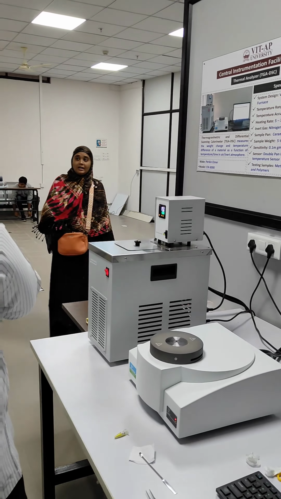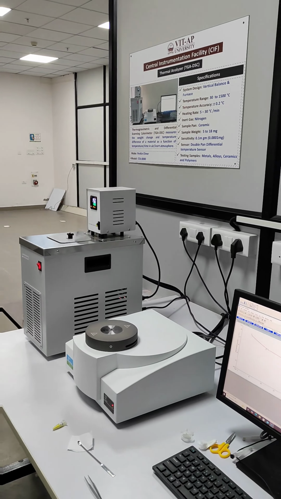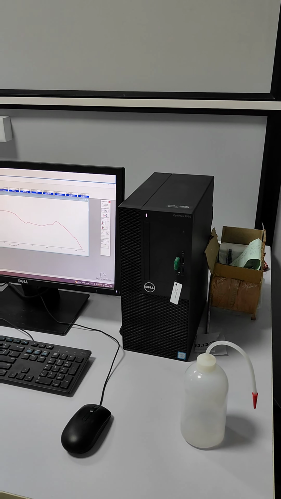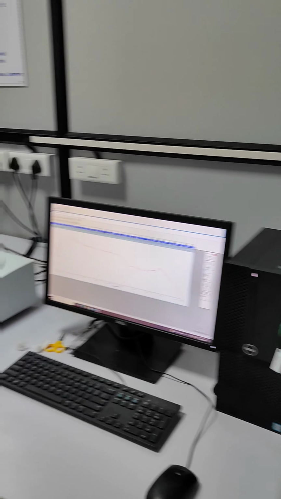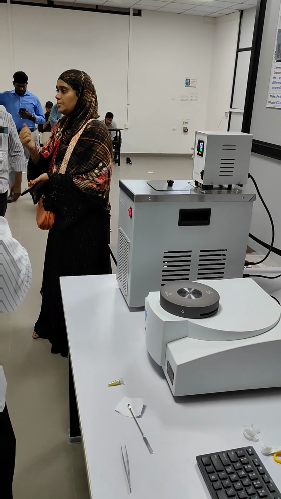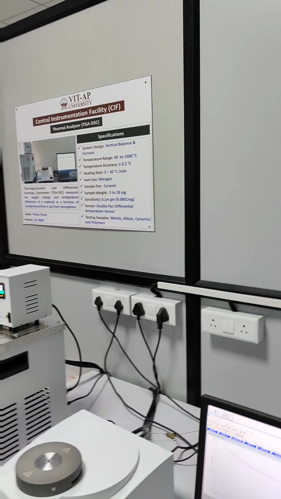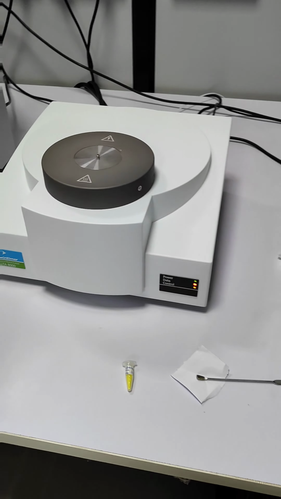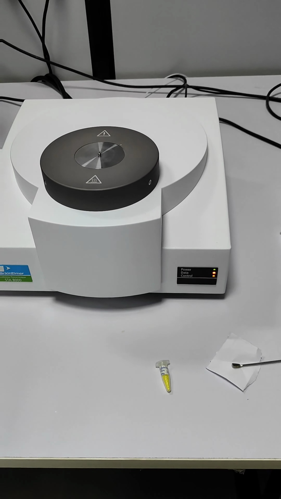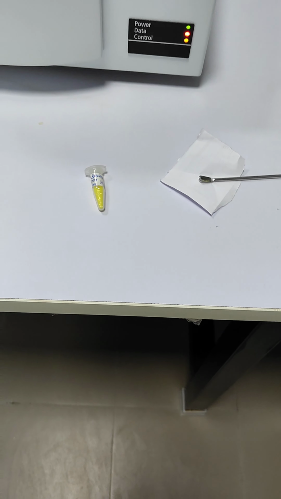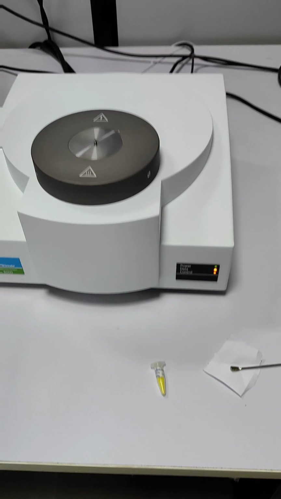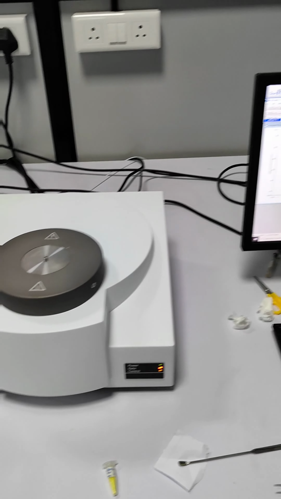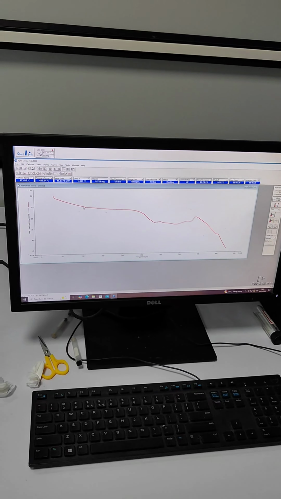It takes more time, I think, because they have to heat it and then cool it and see what changes occur. They place the sample here, in this wire in which the sample is present, keep it in this instrument, and the graph would come in this manner.